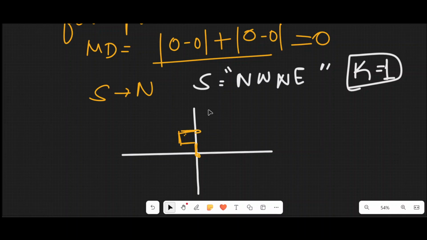So if you see, the coordinate of your final position shall be 0 comma 2, right? And here it is already 0 comma 0 only, right?